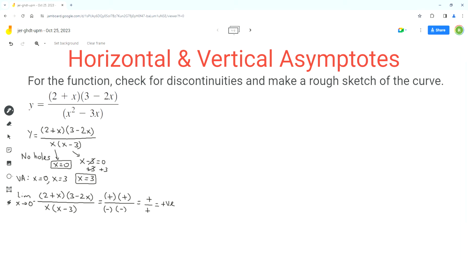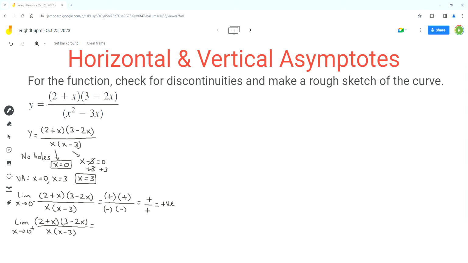So overall we'll get a positive result for this left hand limit. And now we can evaluate the limit on the right side of x equals 0. So limit x approaches 0 from the right side, (2 plus x)(3 minus 2x) over x times (x minus 3).